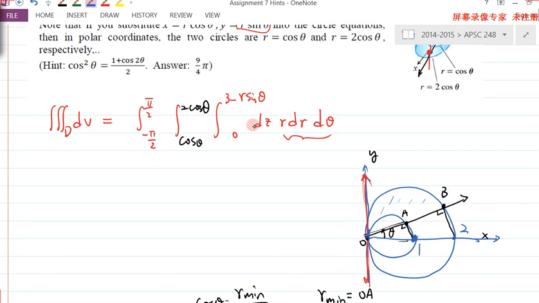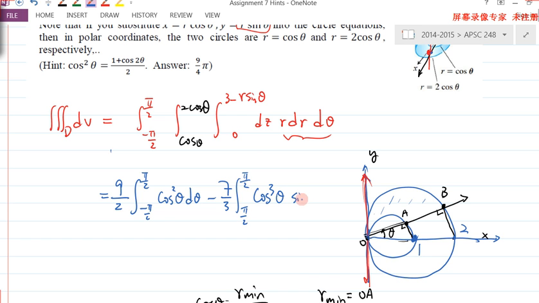For this integral here, there's not much of a trick, but you might need to use a hint. If you calculate carefully, you should end up with an integral like this. So from here, for this cosine squared theta, use the hint.